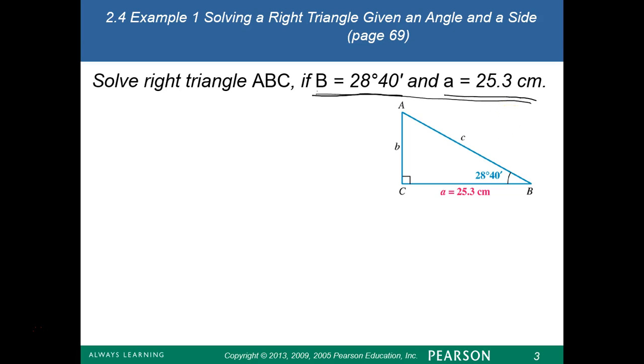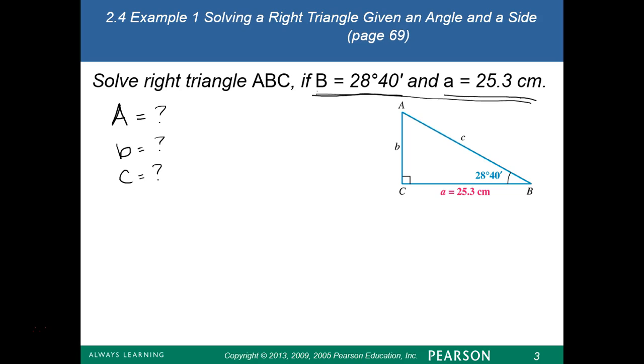So solving this right triangle, what we have to figure out is, I'm just going to write it up here real quick, angle A, what is that equal? And then we need to figure out side B and side C. Okay, so we're going to figure out all three of those unknown measurements that we do not have. That's why we call them unknown. All right, so let's go ahead and get started on this one.